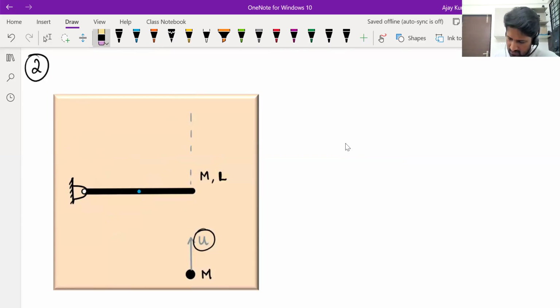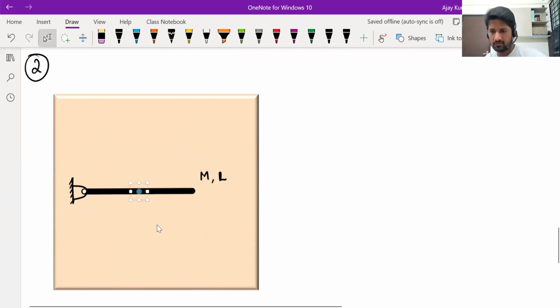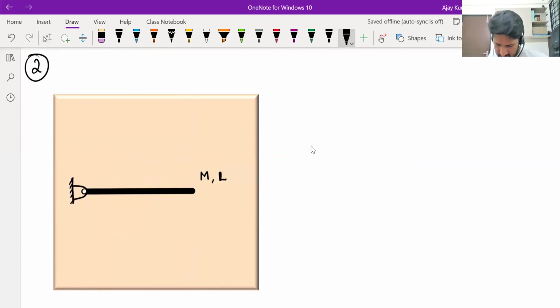The situation is just slightly different. Imagine the particle hits the rod at its center. So it's moving straight towards the center of the rod.